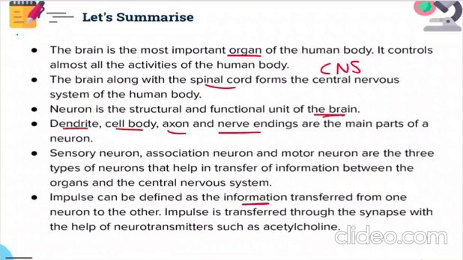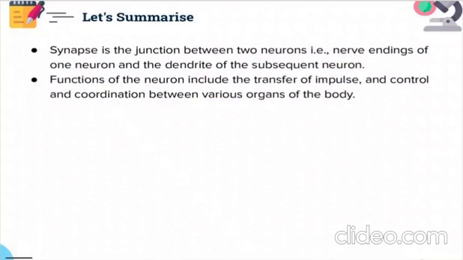That is transmitted with the help of neurotransmitters like acetylcholine or dopamine. Synapse is the junction, the little space between two neurons, between the nerve ending of one neuron and the dendrite of the other. Functions of neurons include the transfer of impulses and control and coordination between the organs of the body.